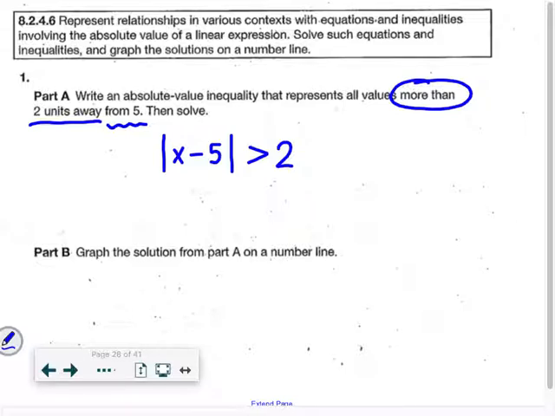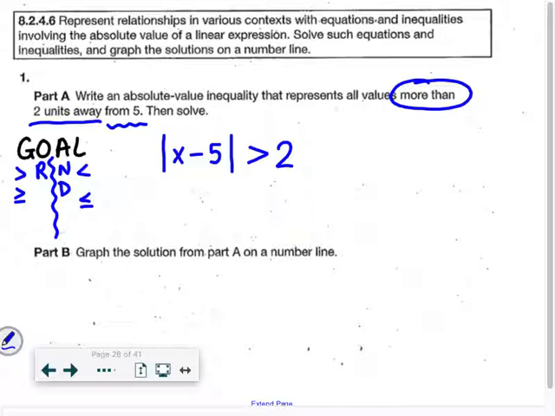Now, I want to remind you that the word goal is what helps me remember what we're doing as far as our absolute value inequalities go when we solve them. So the greater than symbols represent the word or as connecting your compound inequality, and the less than symbols are represented with the word and connecting them.